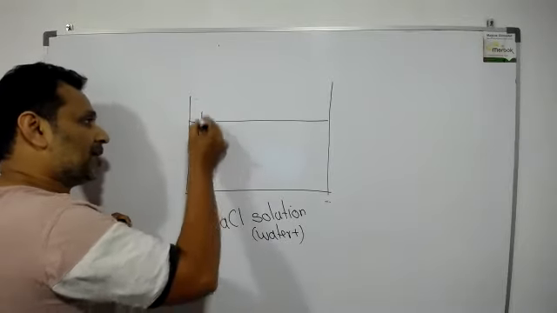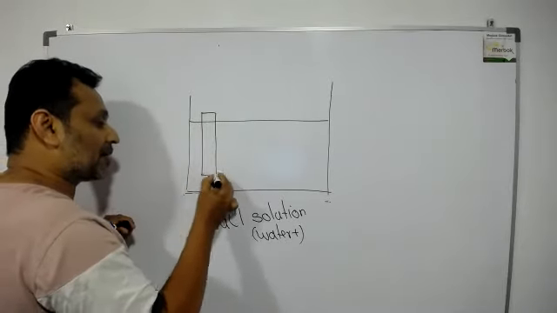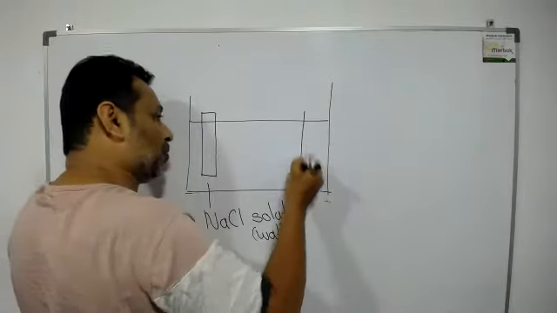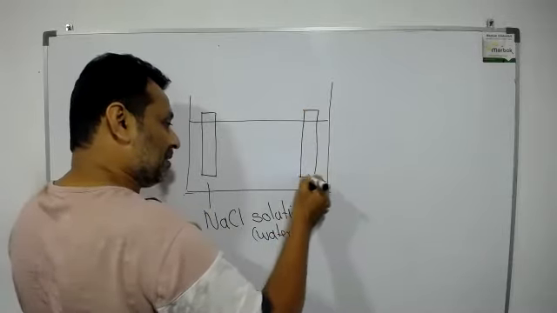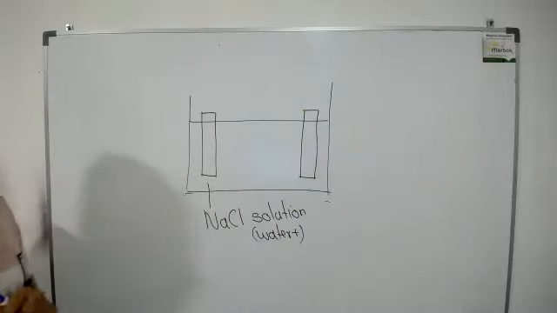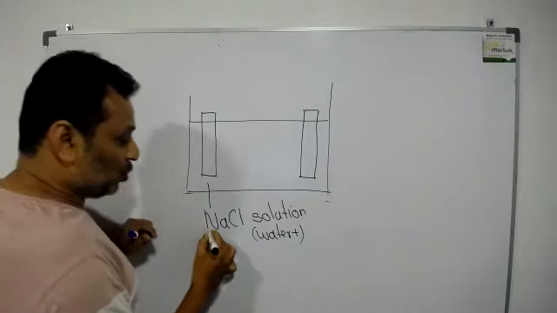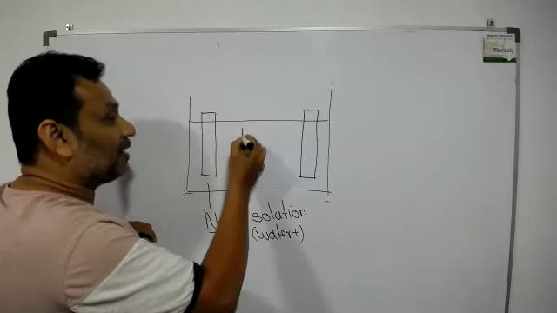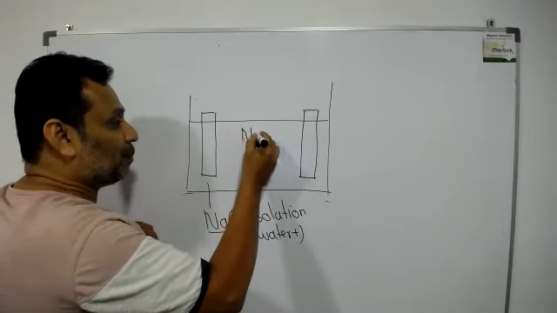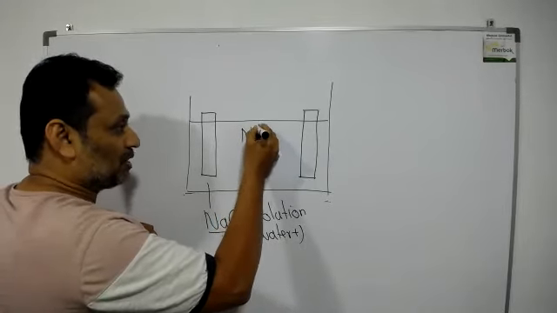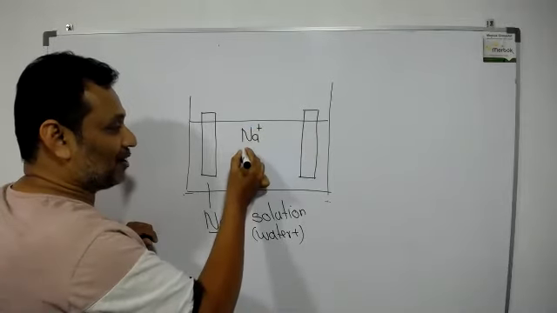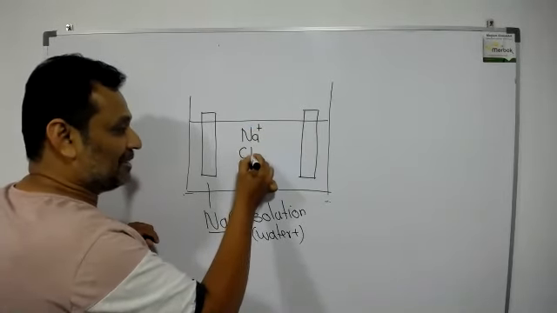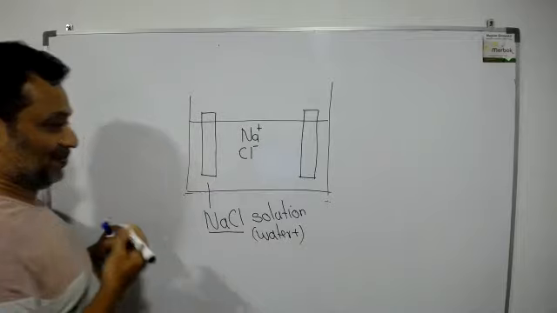As usual, here we put the carbon electrodes. Sodium chloride will produce Na plus ion and Cl minus ion.